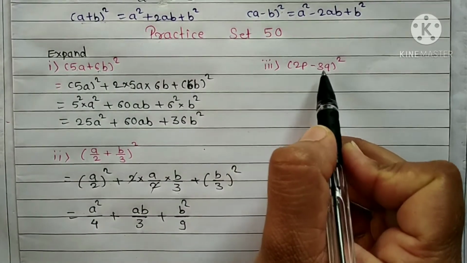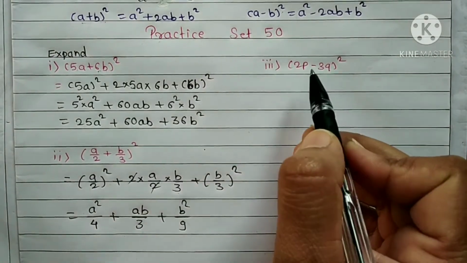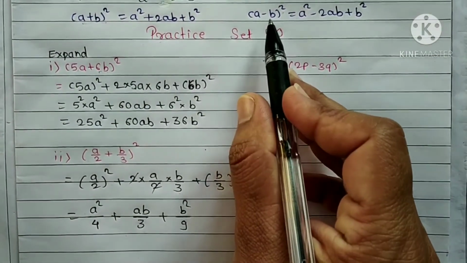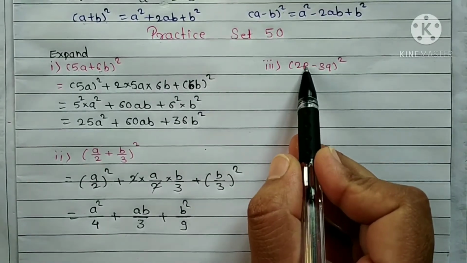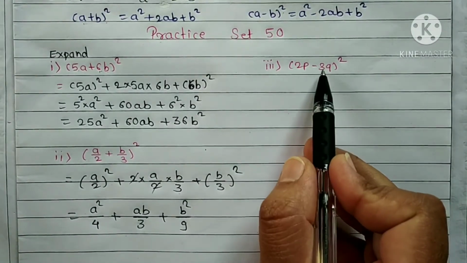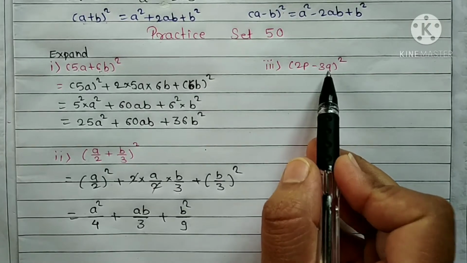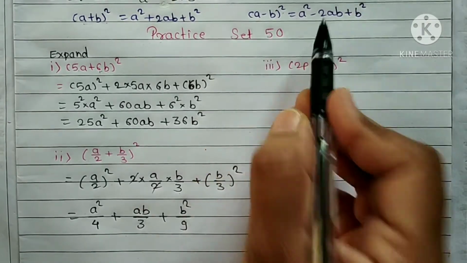Next is (2p minus 3q) bracket square. This is in the form (a minus b) bracket square, where a is 2p, that is the first term, and the second term is 3q, that is b is 3q. So use this formula.